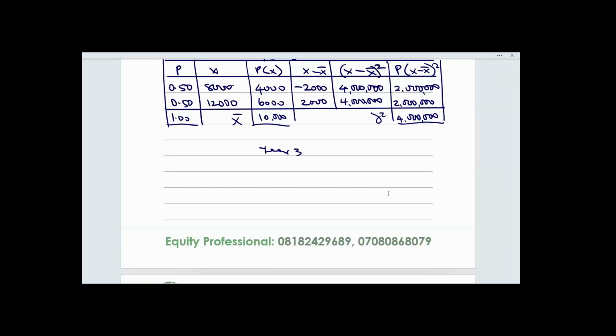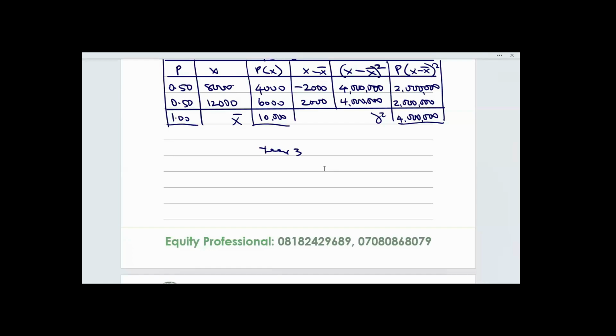What's the probability of year 3? 0.3, 0.5, 0.2. Okay, I want to see if this table will be sufficient.